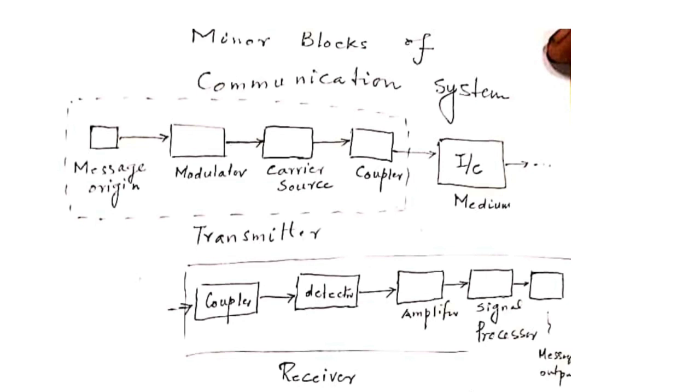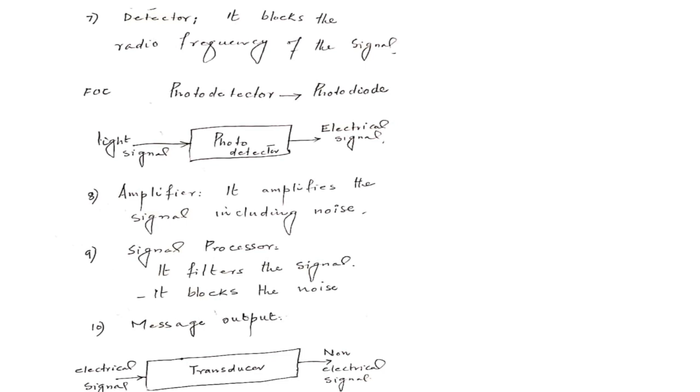Then we talk about the next block inside the receiver, that is the detector. What is the function of a detector in an electronic communication system? In the electronic communication system, this detector is also known as a demodulator. So this demodulator or detector blocks the high frequency of the signal.